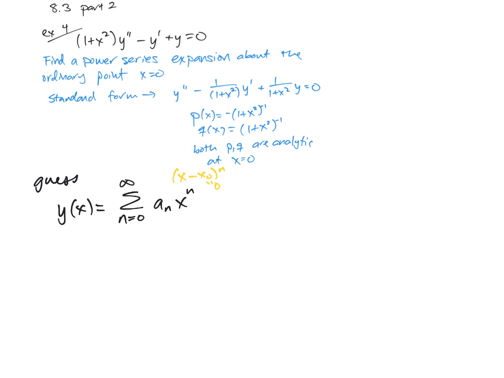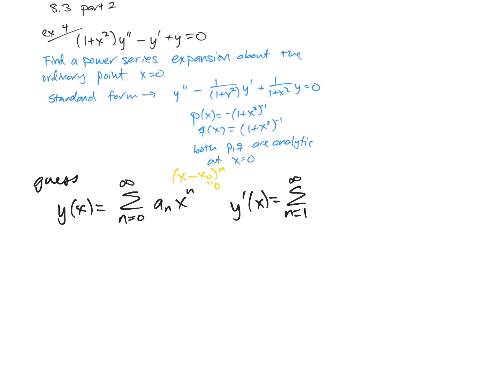And then we can also take our derivatives. So y prime of x equals, the first term of our power series is constant, so when we take the derivative, it goes away.